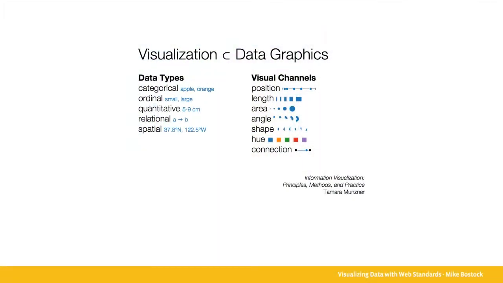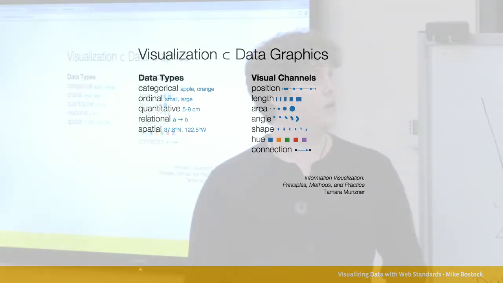We use this a lot in visualization. This is the underpinning of how we make the designs that we make, how we decide to use a line chart over an area chart or a pie chart over a bar chart, if that happens.